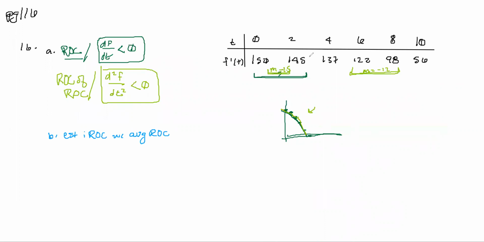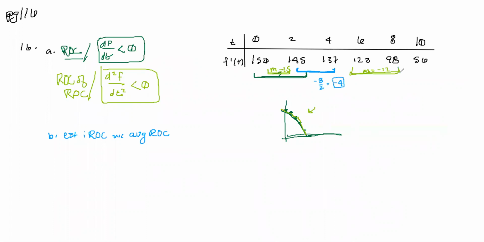Between 0 and 2, and then between 2 and 4, to get a good idea of what's going on here. So this is going to be 137 minus 145, negative 8 over 2, which is going to be negative 4.